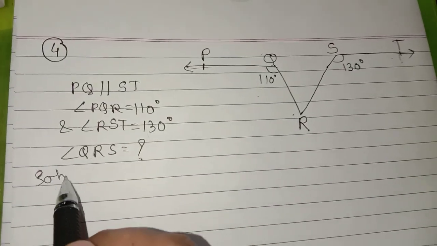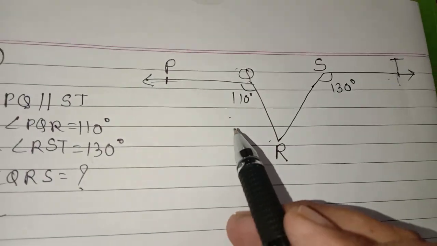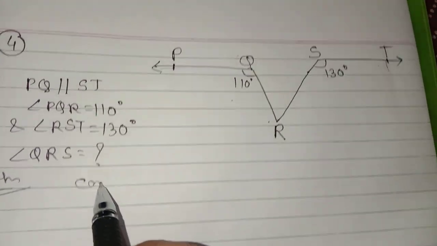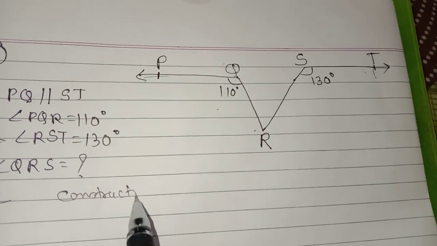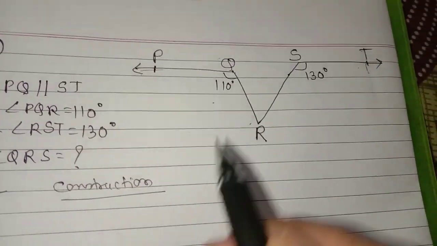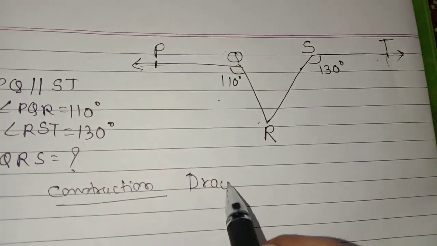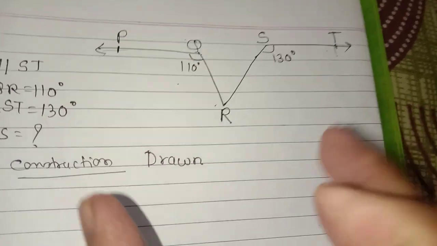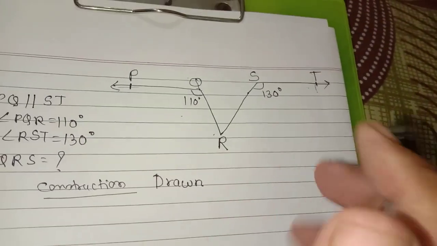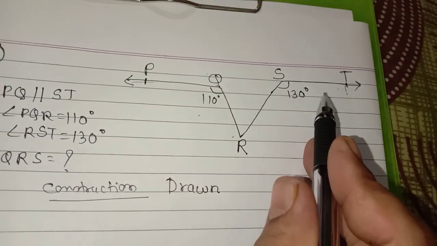Let's go for the solution. Now what we will do, we will make a construction here. What is construction? Drawn, don't write draw. You are not ordering, you are not printing a book, you are just making a solution. To write drawn, all the alphabets are there.